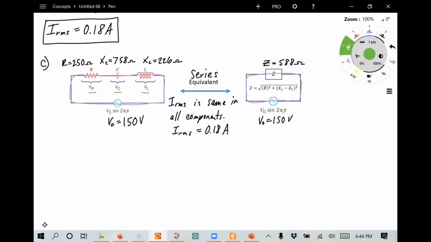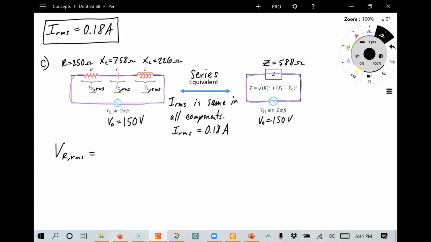Since we're going to be calculating the RMS value, I usually write RMS by each of these so that we remember that this is the RMS and not the peak value. To calculate this voltage, we're going to be able to use Ohm's law or an Ohm's-like law for each one of these circuit elements. So let's start with the resistor, the voltage across the resistor, its RMS value.